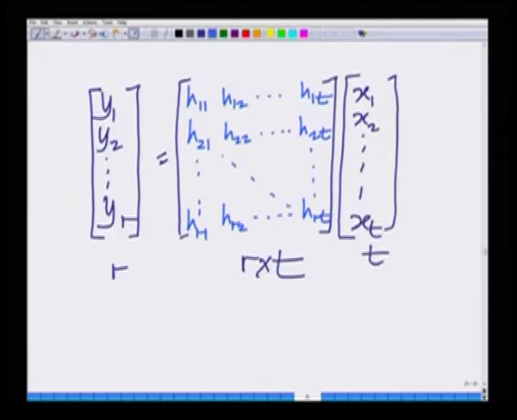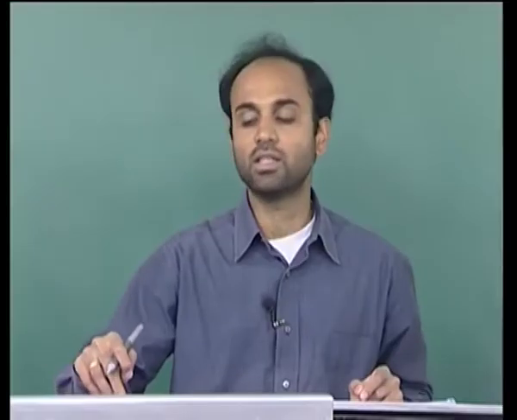This is the R cross T dimensional matrix, also known as the channel matrix. Each entry of this channel matrix is a flat fading coefficient.